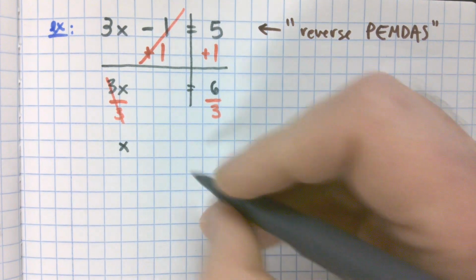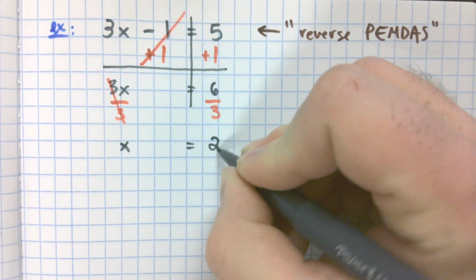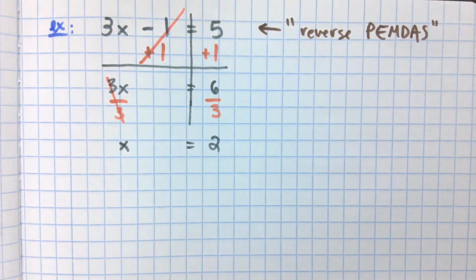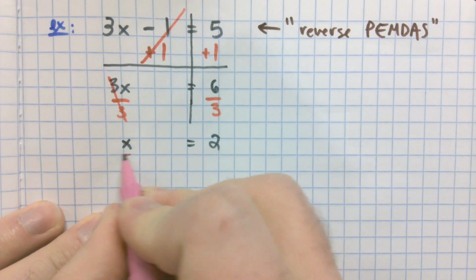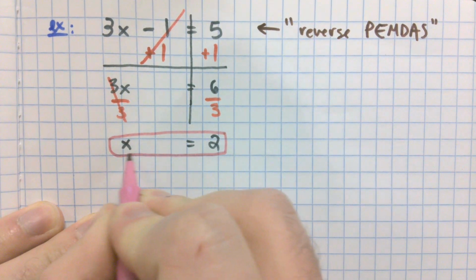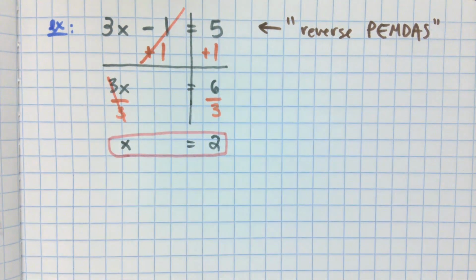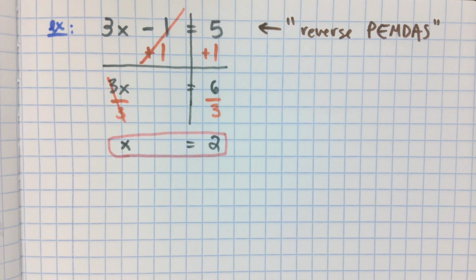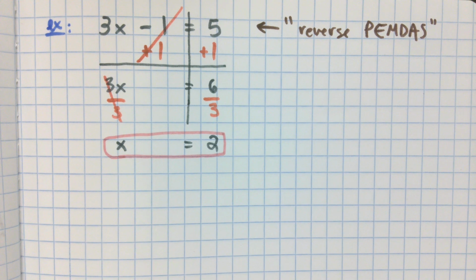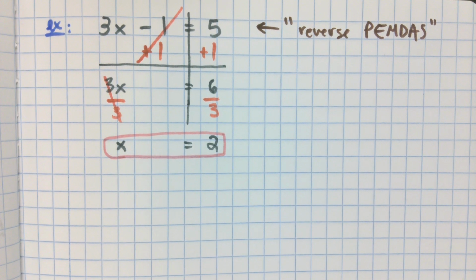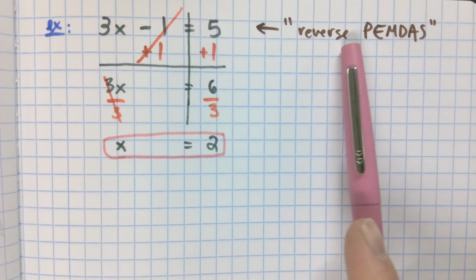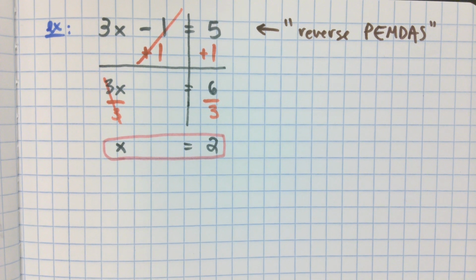And 6 divided by 3 gives me 2. Boom. There's our answer. So two different steps, still using inverse operations, going in the reverse order of PEMDAS.